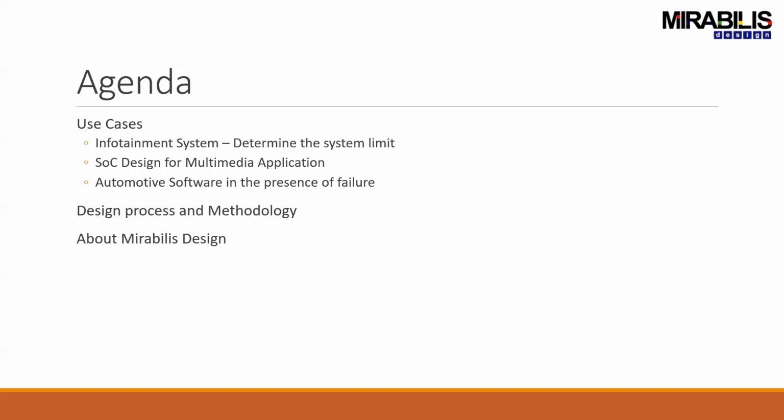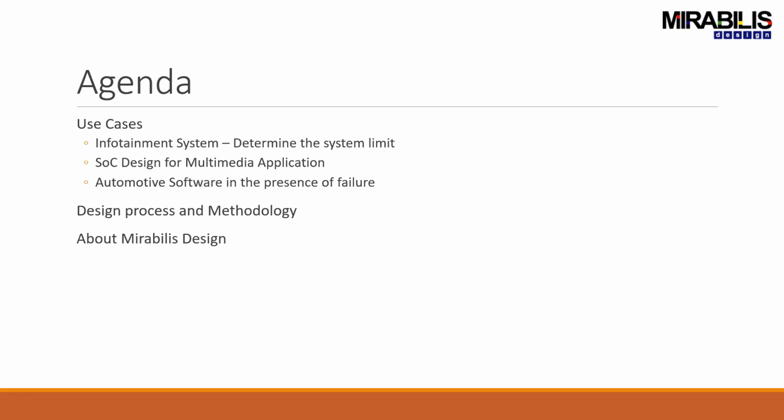So we'll be taking a quick look at the agenda I have prepared for this session. First, we will be looking at three use cases, starting off with an example of an infotainment system modeled in VisualSim Architect, which is to determine the system limit. We'll be looking at the maximum traffic that can be sent through the interface, the throughput required to satisfy the requirements of the application, and the maximum power consumed by the chip.